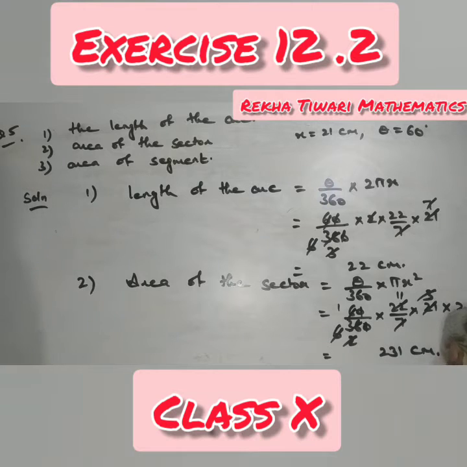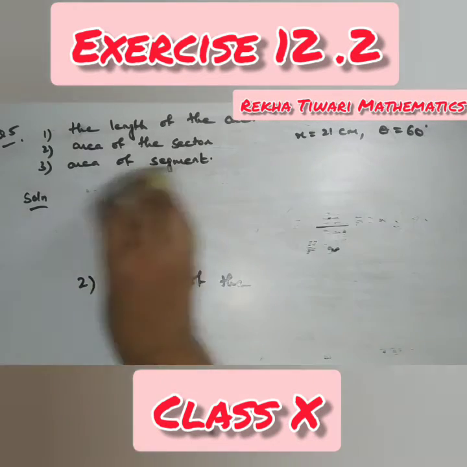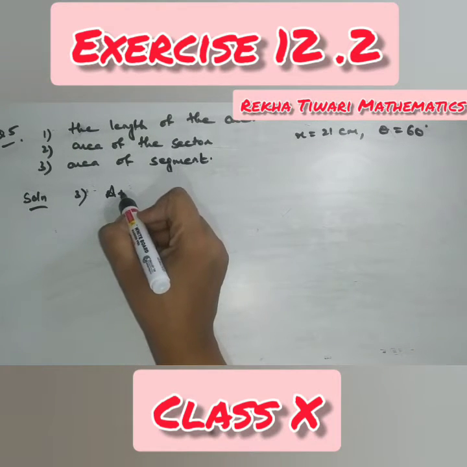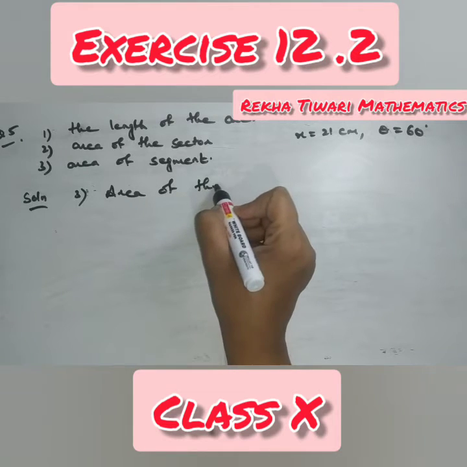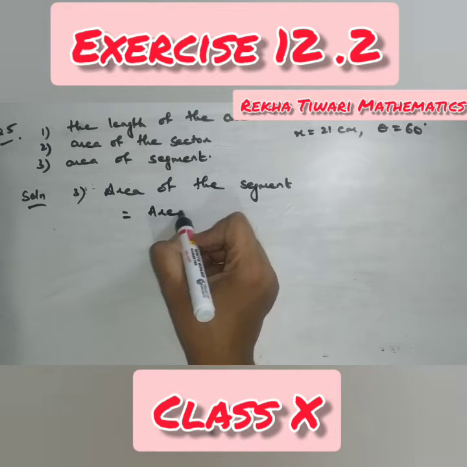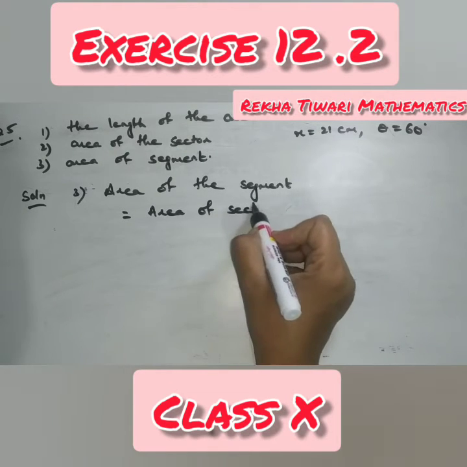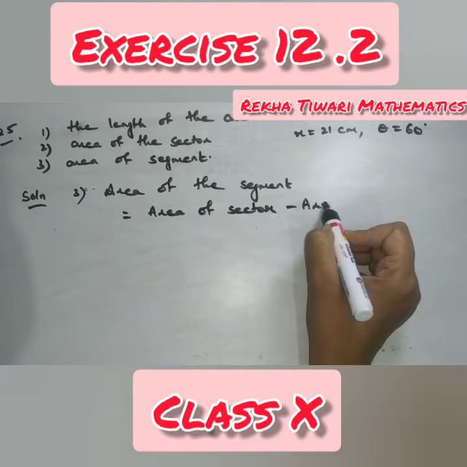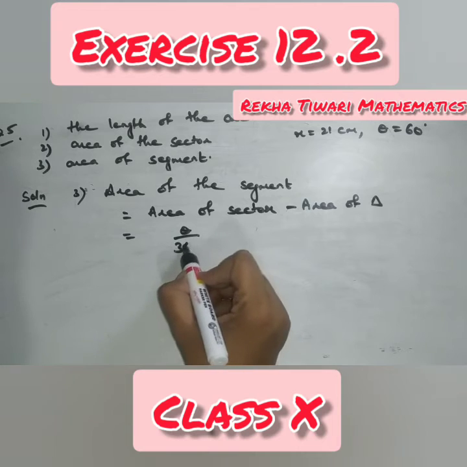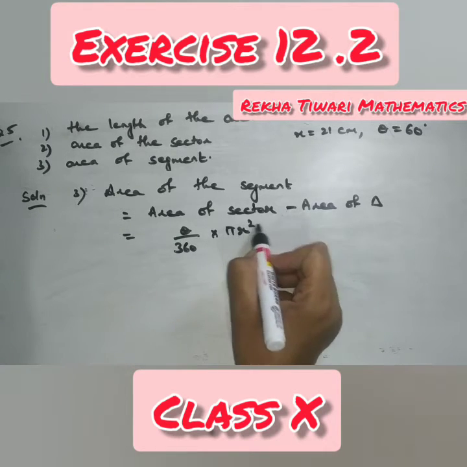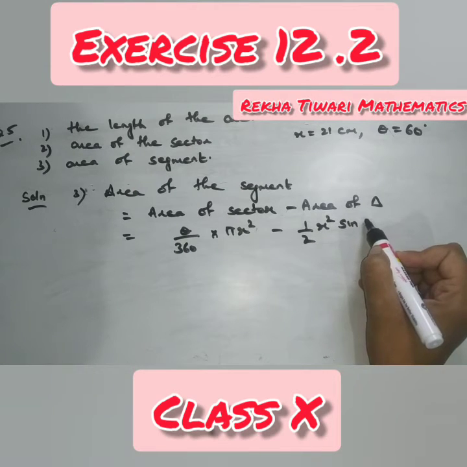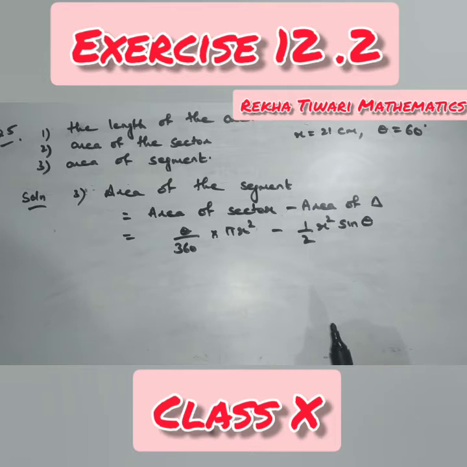Now last part, area of the segment. Area of the segment is equal to area of sector minus area of triangle. Area of sector is theta by 360 into pi r square, and area of triangle is half r square sine theta, because now the theta is other than 90 degree.